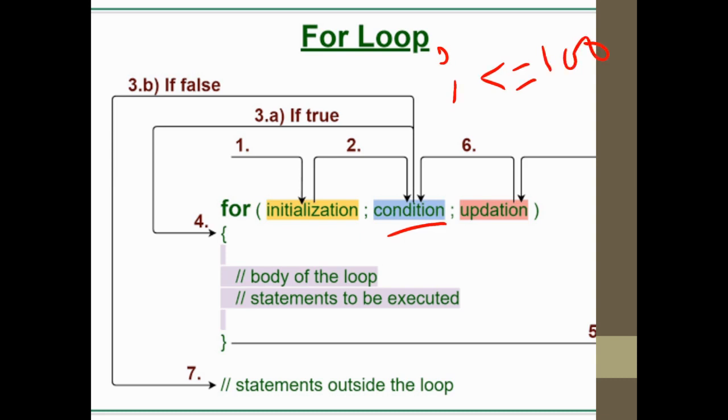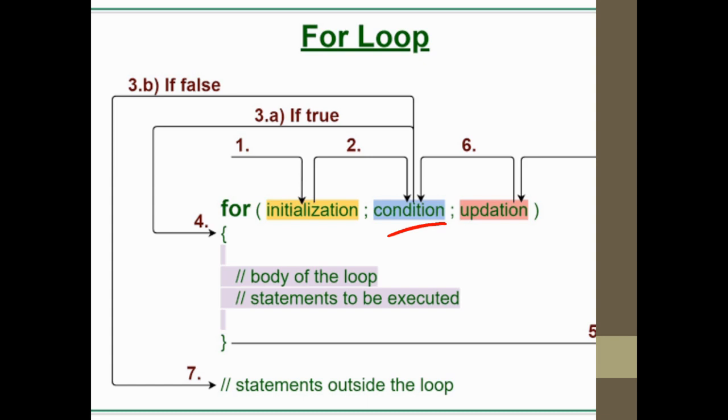If you want to print 100, you need to put the equal sign here. But if you don't want to print 100 and want to stop at 90, then you can skip that equal sign.